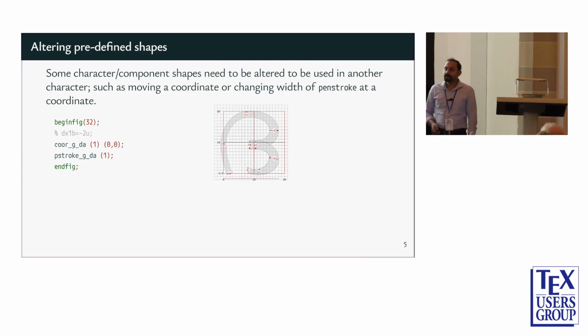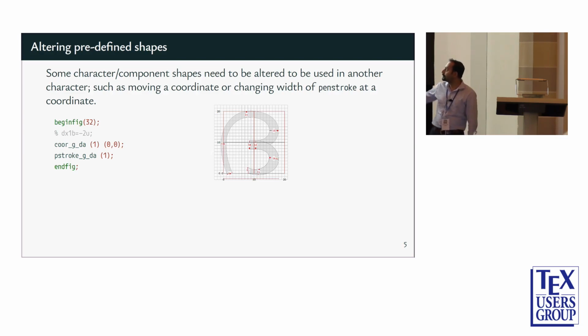Now sometimes you define an entire glyph using different components, and we have encountered situations where you want to alter certain parts of the glyphs or move certain coordinates by a certain amount. And here is an example of the character the. You can see the coordinates and the pen stroke defined.